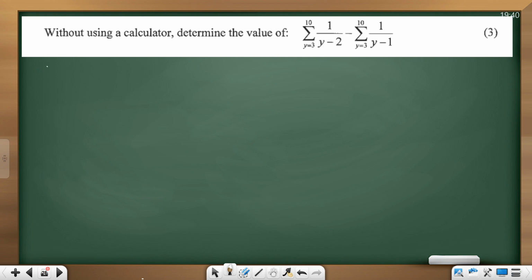So the first one will be what? 1 over what? 3 plus 1 over 4 plus 1 over 5 minus 2, 1 over what? 7 minus 2. Once you do this, you start seeing something very interesting.